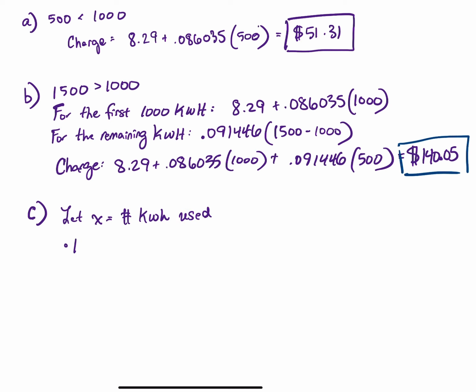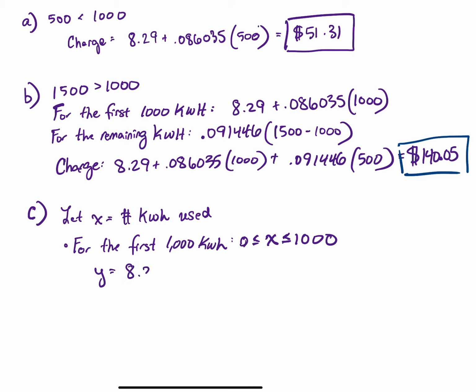We know for the first 1000, meaning when x is greater than or equal to 0 and less than or equal to 1000. Notice I'm starting to build my conditions here. When x is in that range, then our output should follow that first formula.